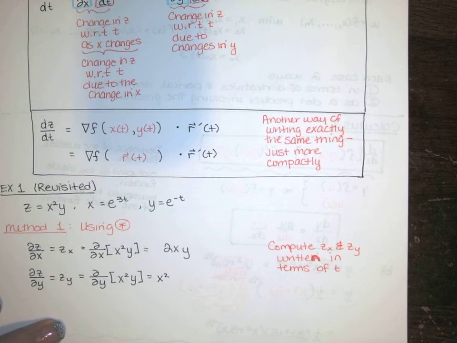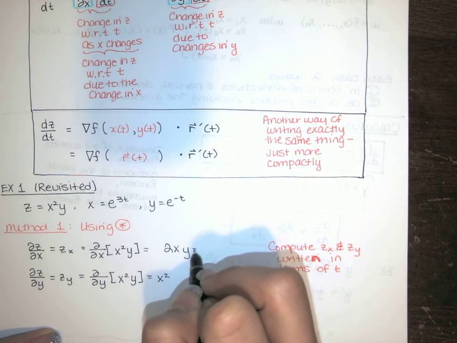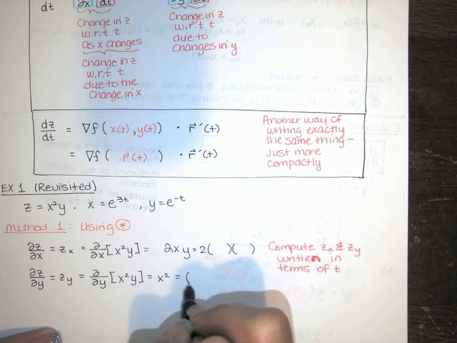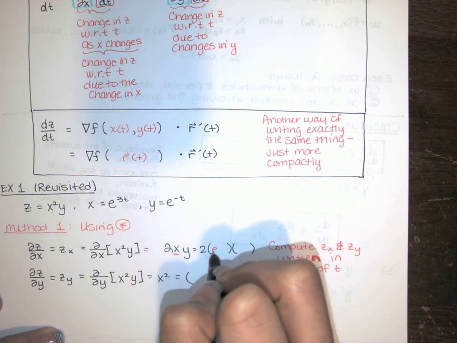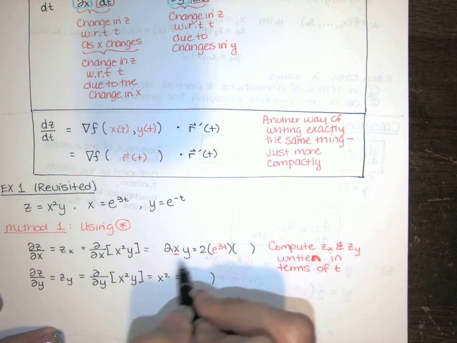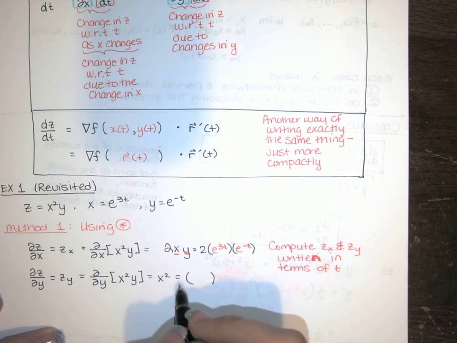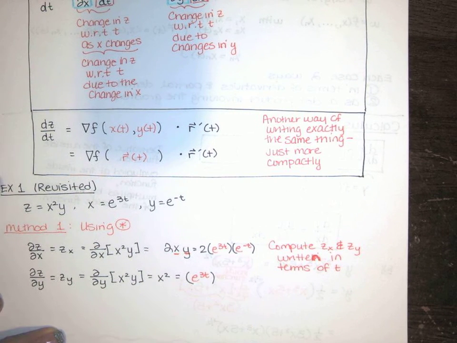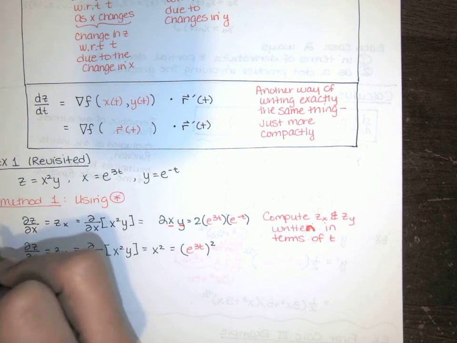So those are our two partials, but right now they're written in terms of x and y, so I need them in terms of t. So I replace x with e to the 3t, and I replace y with e to the negative t. So I'm replacing x here with e to the 3t, and then I'm squaring it. Okay, so those are our answers.